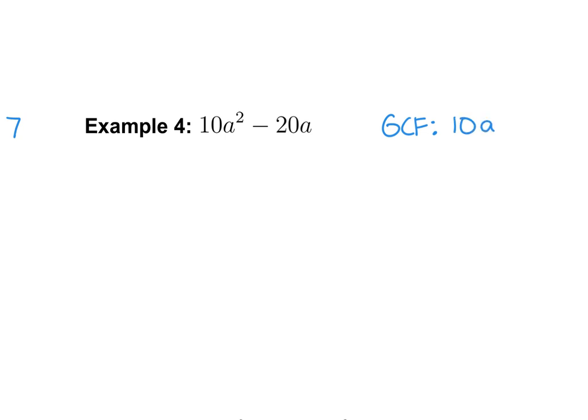The smallest exponent is the 1, so I can only divide 1 out. So I'm going to bring my greatest common factor to the front of the parenthesis. When I divide that out, 10a squared divided by 10a, I'm left with just an a. Next, I've got 20a divided by the 10a, and that will leave me with 2.